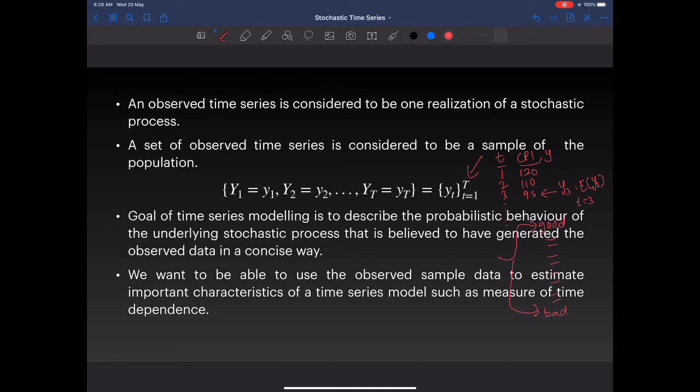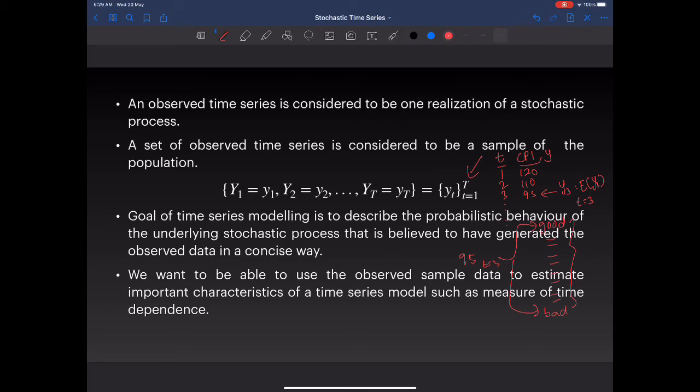But instead, we say this 95 here is the average of the possible values at t equals 3. So that's the meaning behind the realization of the series.